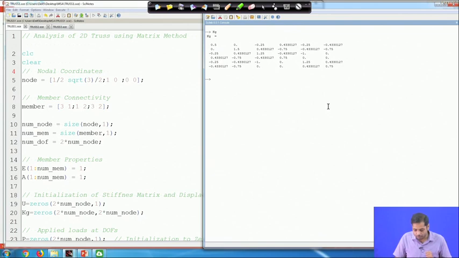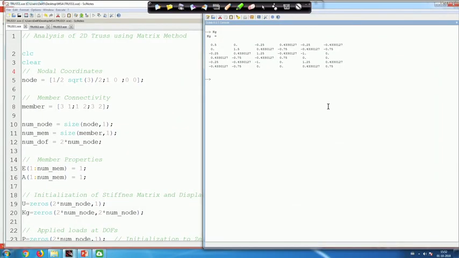Now, another important thing: the global stiffness matrix is not invertible, it is a singular matrix, because it has no information about what constraints you have given to the structure. If you find the determinant of the global stiffness matrix, you check, the determinant is 0.